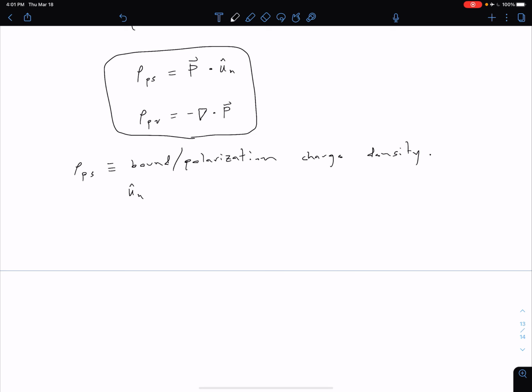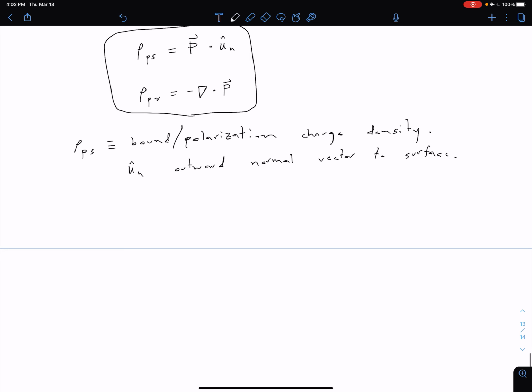And for our rho sub PV, that's going to be our bound or polarization volume charge density.